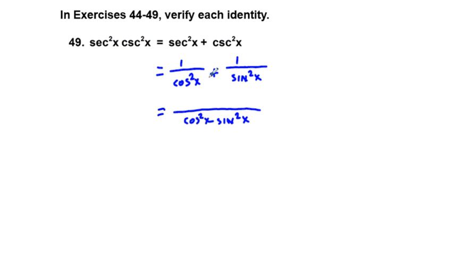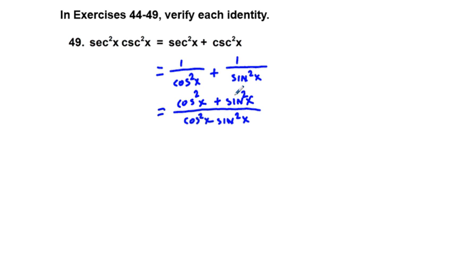And in the numerator, what we have is cosine squared x plus sine squared x. Okay. It's almost like I wrote it in the wrong order.